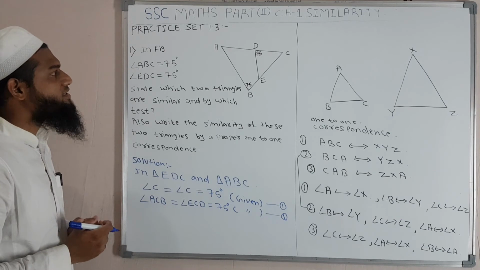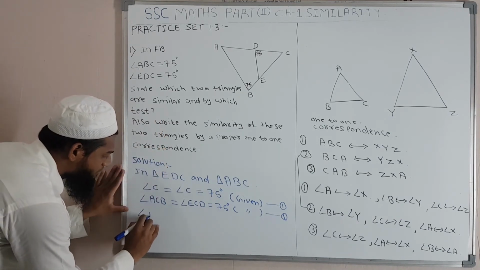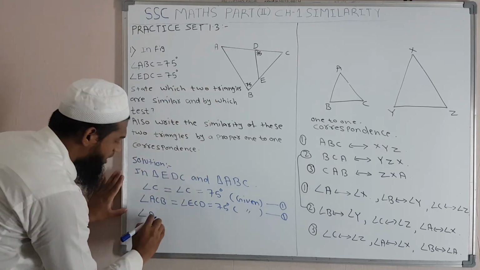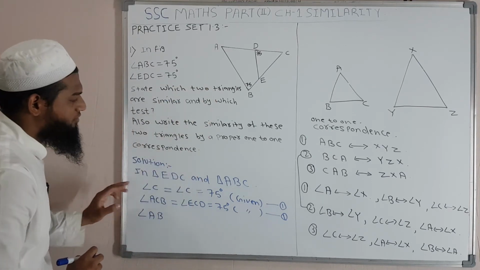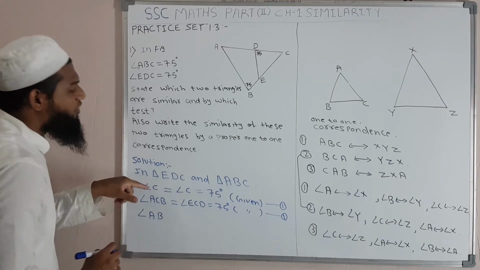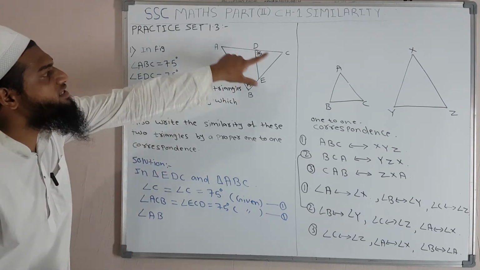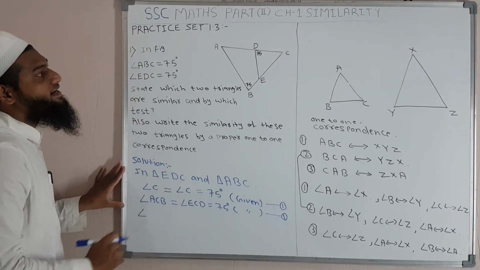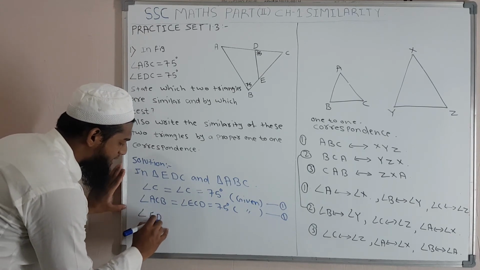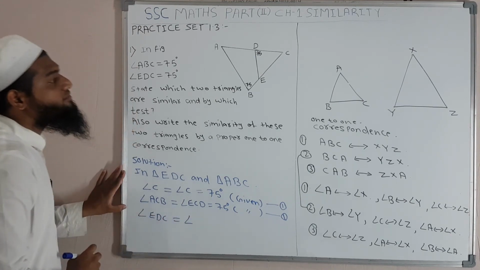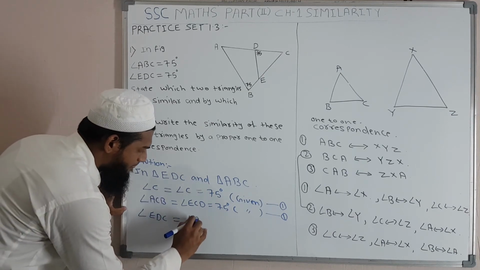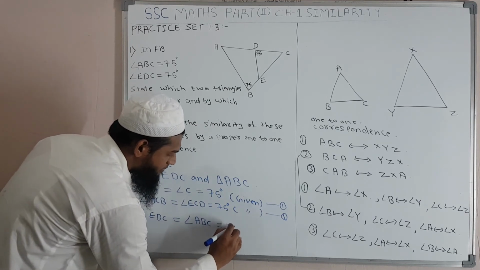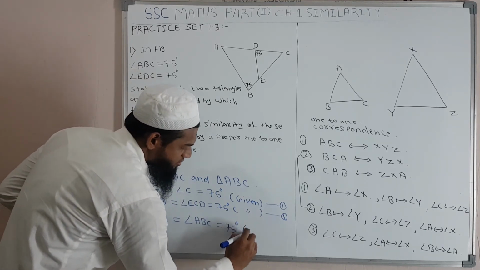The second thing is angle ABC. If we look in triangle EDC, we can write angle EDC equals angle ABC equals 75 degrees. This is given.